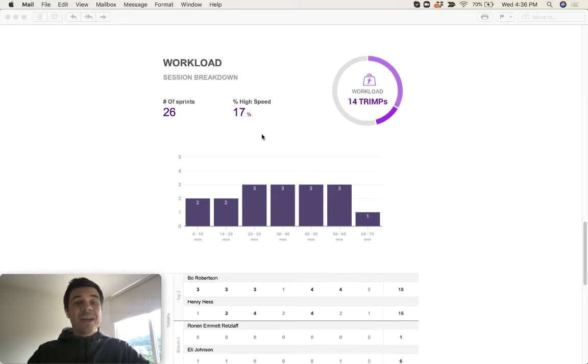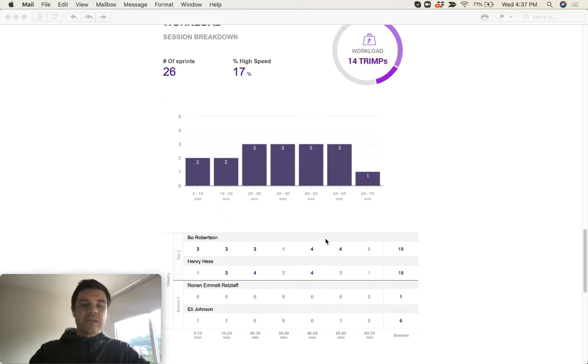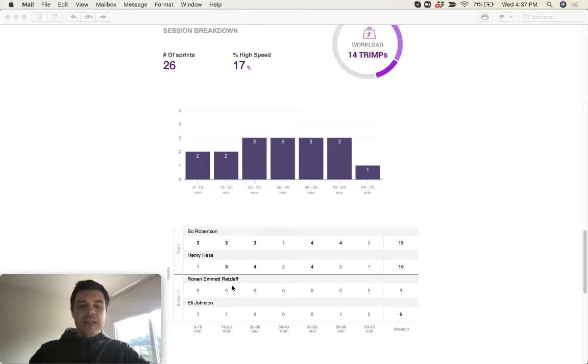Because we know that when players sprint, that's the most demanding, taxing thing they can do. Therefore, the more sprints you do, the more likely your workload is going to be high. And again, we break down the workload: where did we get this 14 trimps from? It's broken down throughout the course of the session. And to end, you've got the top 2 players and then the bottom 2 players in terms of their workload for the practice.